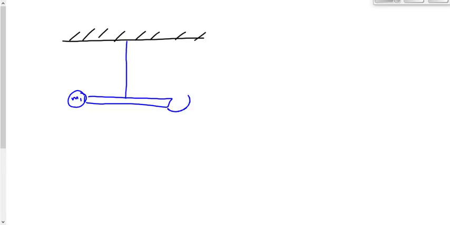You have this fixed top, this fixed ceiling, and then you have this thin wire hanging from this fixed ceiling, and on the end of that thin wire you have a rod, and on the end of that rod you have a mass that we call M1. Now there's a mass on the other end of it as well. It doesn't really matter so much about that mass, but we got to keep it balanced, right?